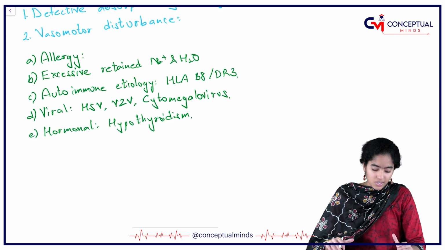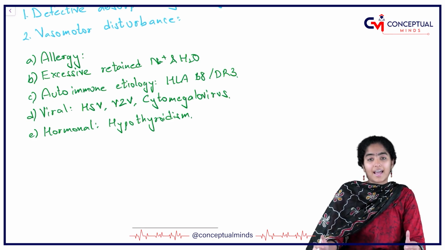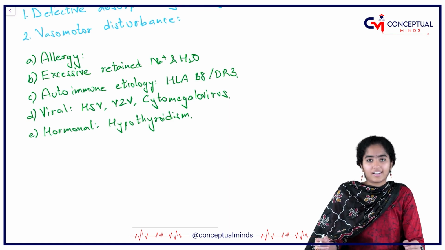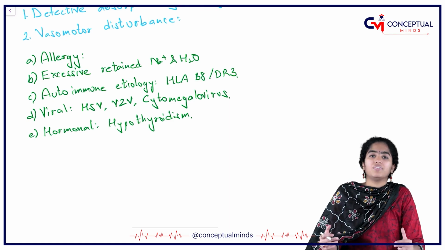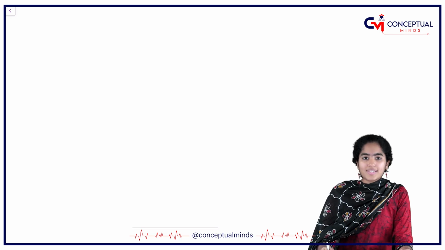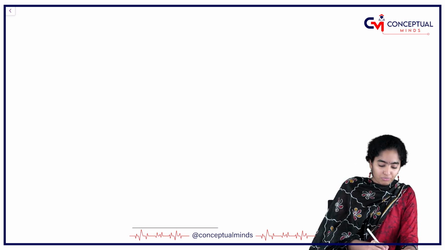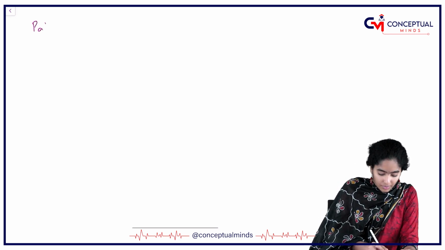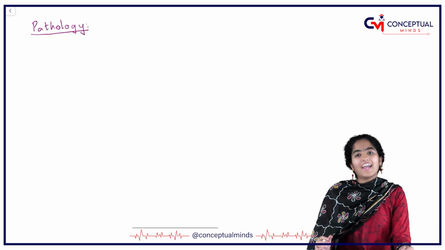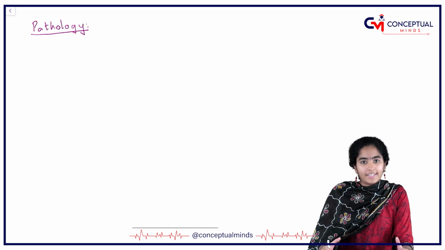So these are the various causative factors that have been implicated, but as I said, it is not exactly pointed out, and it is possible that various reasons are responsible in various people. Not everybody has the same etiology. Let us now study the pathology of Meniere's disease. We have already understood the pathology briefly, and let us now look at it in more detail.